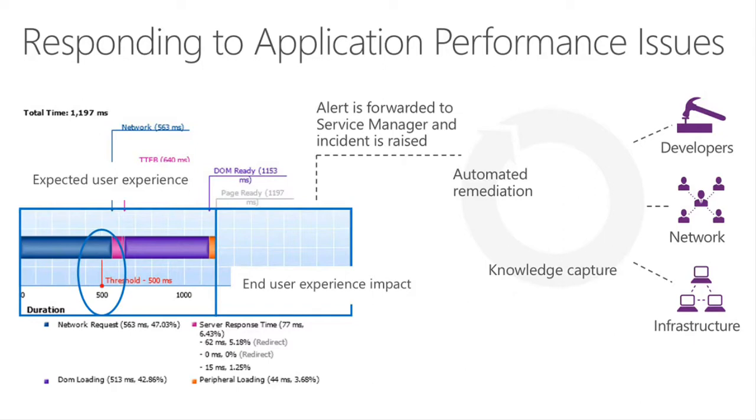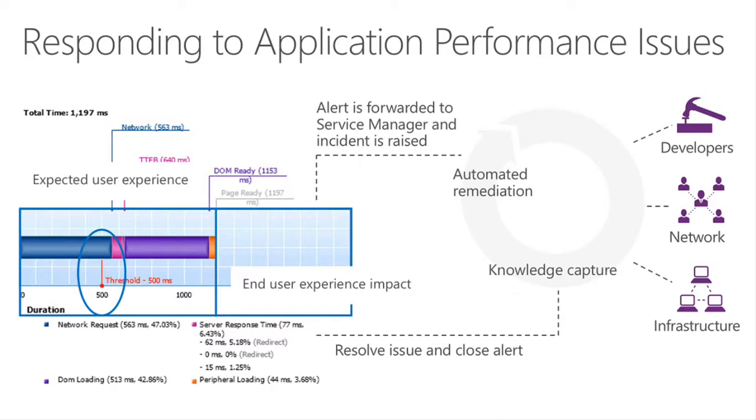And when you resolve this issue on the Service Manager side, it will also close the alert on the Operations Manager side. So think about this. This is really exciting here. The concept here is that we've broken an SLA of 500 milliseconds. Service Manager, as our ITSM tool, is doing automated remediation, either automatically opening a bug to our developers, capturing network information and sending that to our network team, capturing infrastructure information and sending that to our infrastructure team.